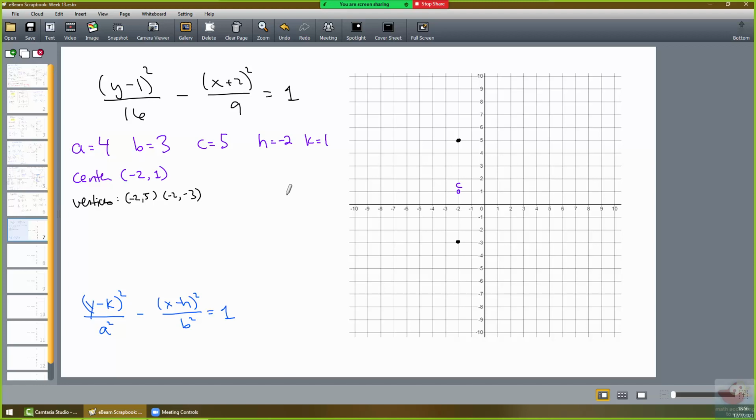Co-vertices go left and right, in this case 3 units. So we're at -5, 1, and 1, 1.